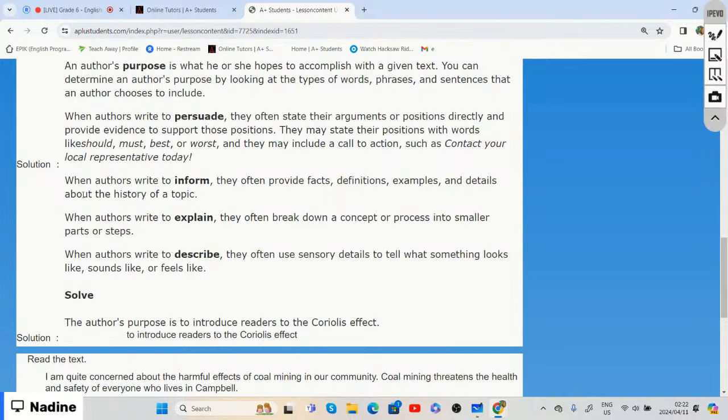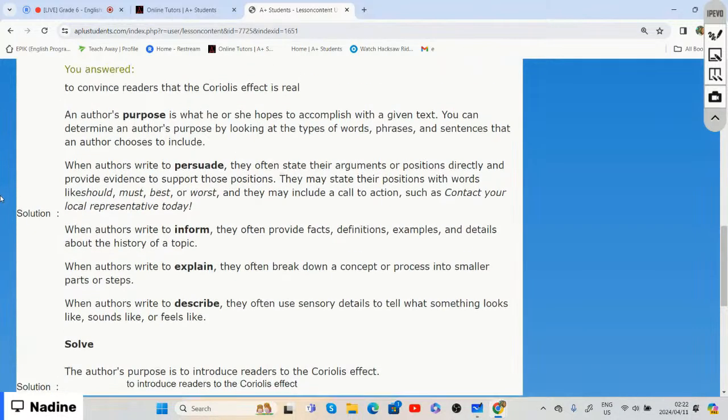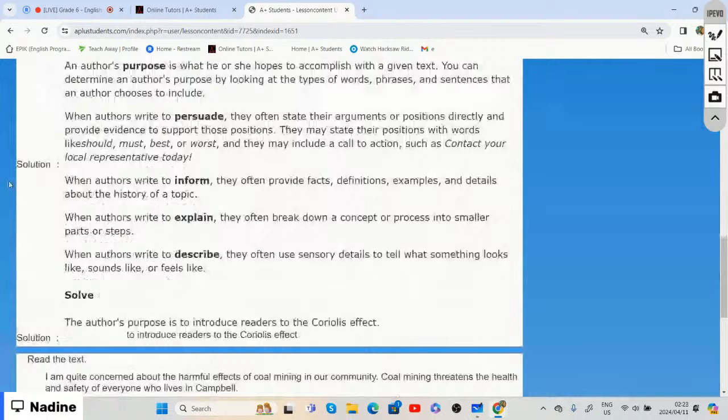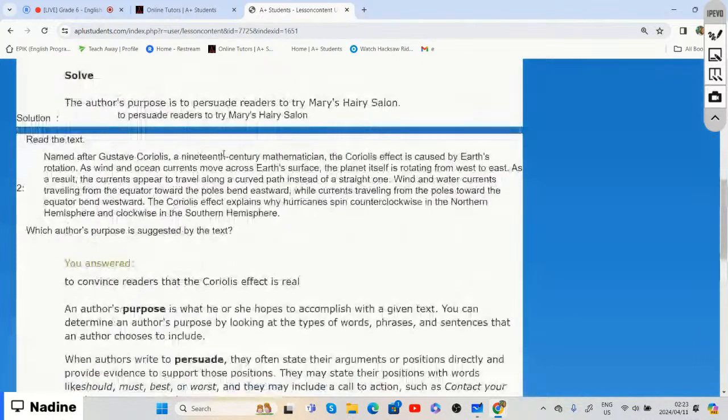And if we look at the type of sentence, we can say that the writer is trying to introduce us to the Coriolis effect.